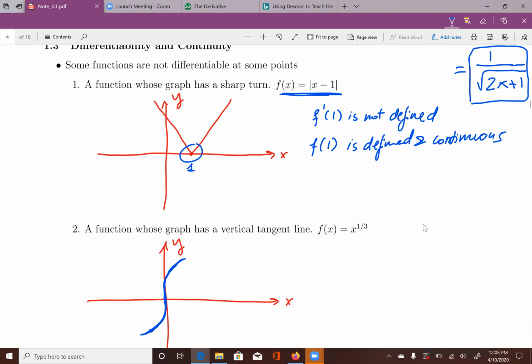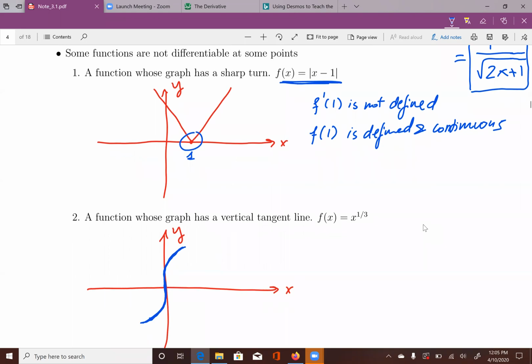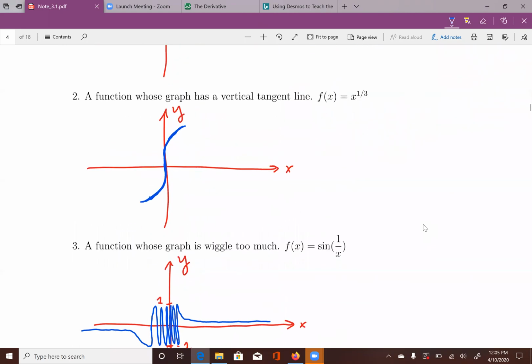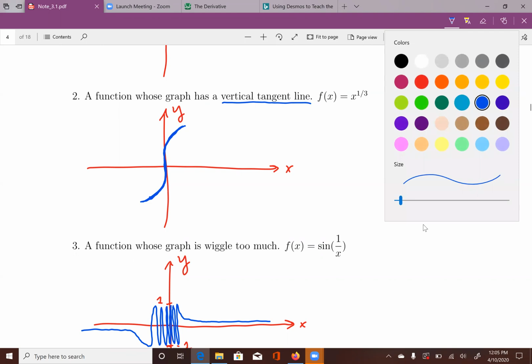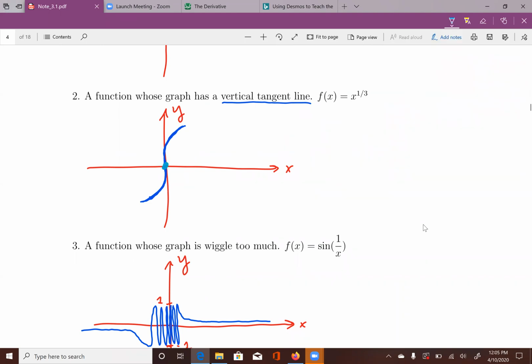All right, at this point, x equals 1. The second function is the function whose graph has a vertical tangent line when x equals 0. At this point, x equals 0, if you draw a tangent line, it will give you a vertical tangent line. And the slope of the vertical line is undefined.